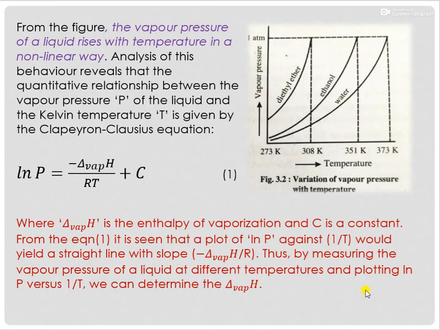The next is a figure showing variation of vapor pressure with temperature. Here we can see that the vapor pressure of a liquid rises with temperature in a non-linear way.